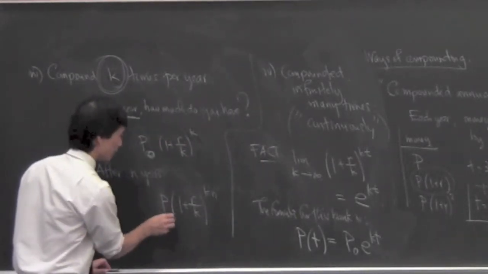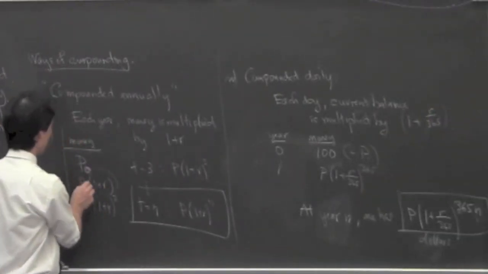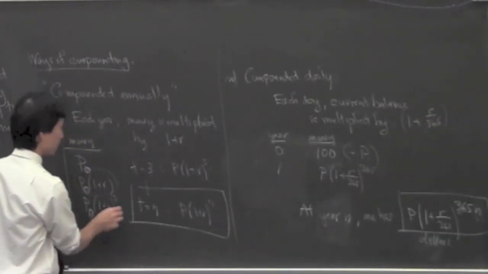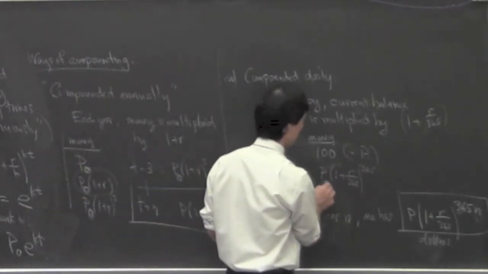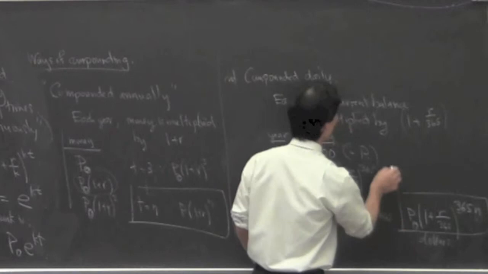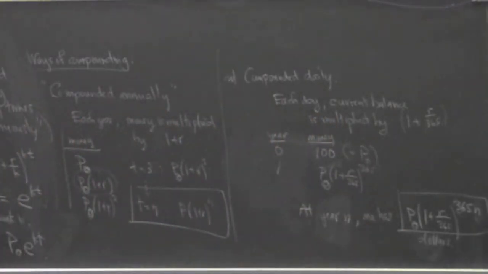I'm going to put some zeros here to say your initial money, so it's P sub 0. Usually we use P sub 0 to indicate the initial money.